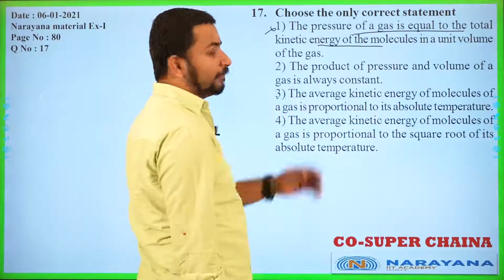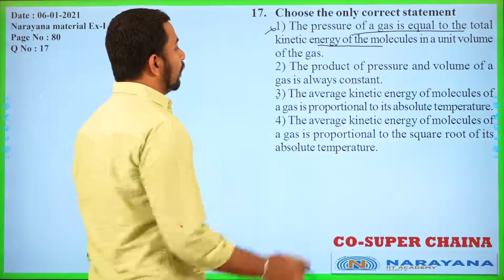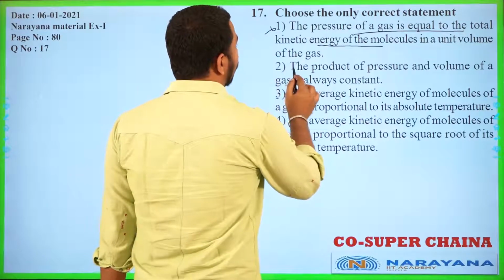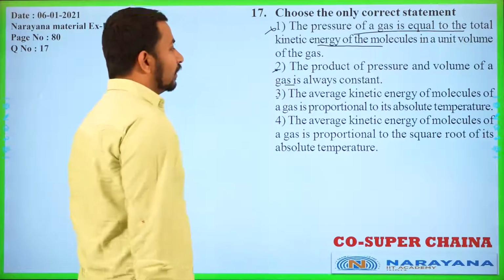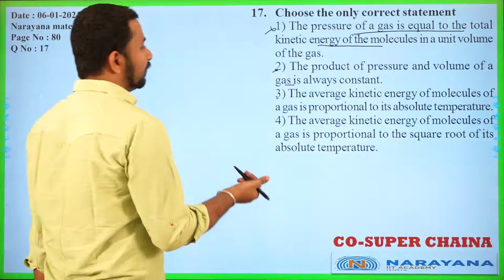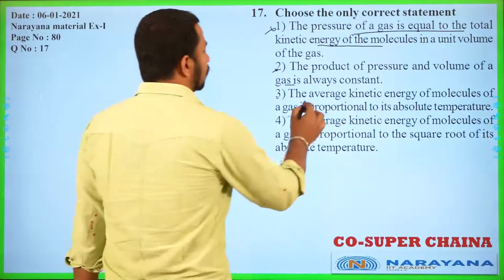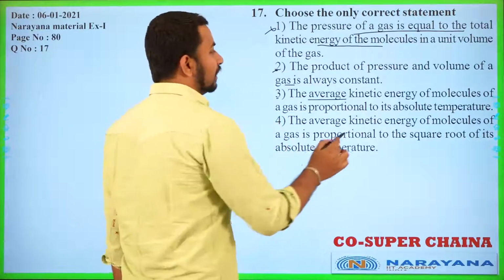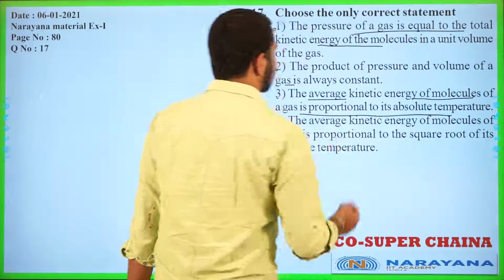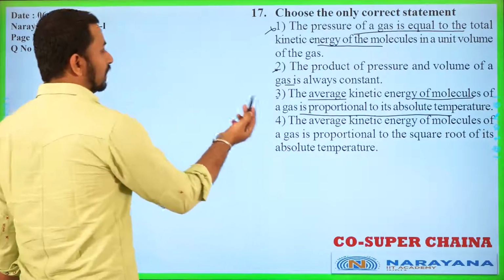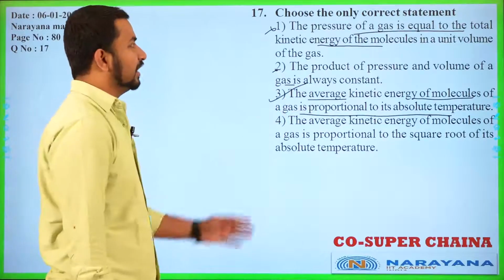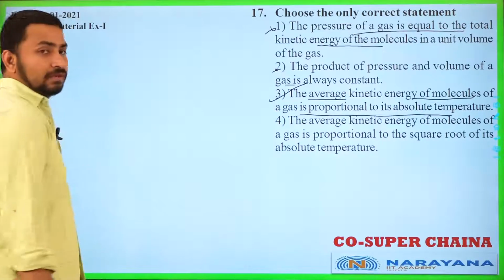The product of pressure and volume of a gas is always constant: this is also incorrect, because it depends upon temperature, right? The average kinetic energy of the molecules of a gas is proportional to the absolute temperature. So this average kinetic energy depends upon the T value. This is the correct statement, and that will be the answer of this question.